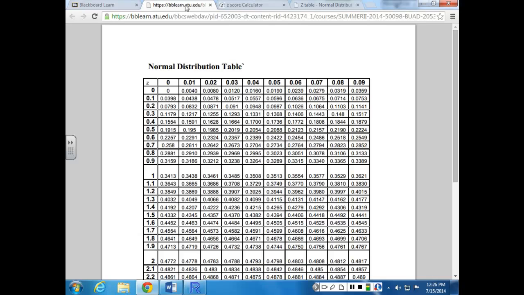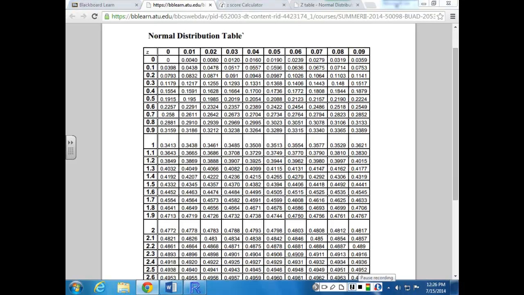Go down to 0.49, and the closest I can find is 0.4901. Apparently it's not letting me draw on this anymore. The 0.4901 goes with 2.33 on the z value.